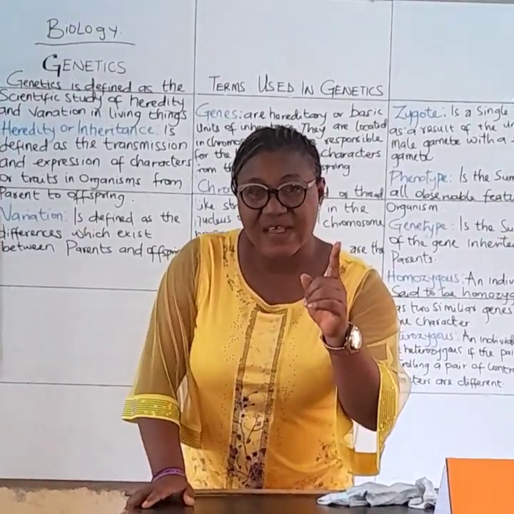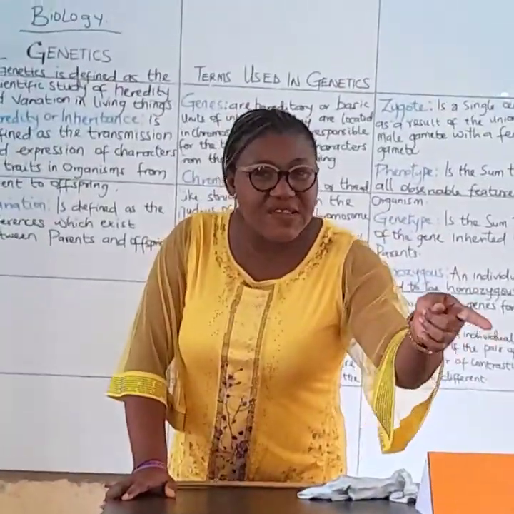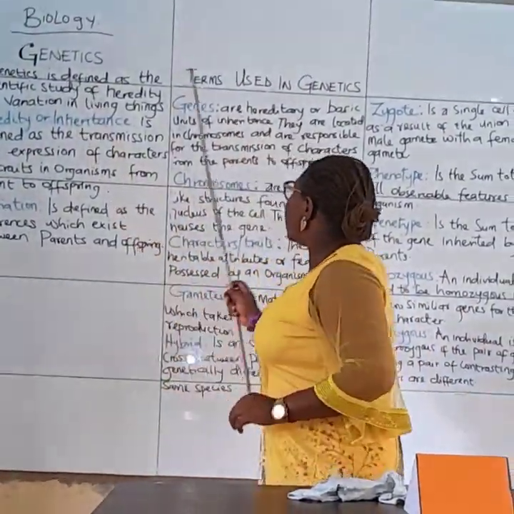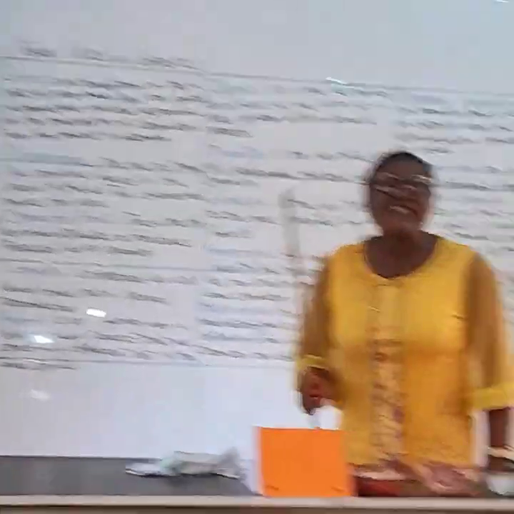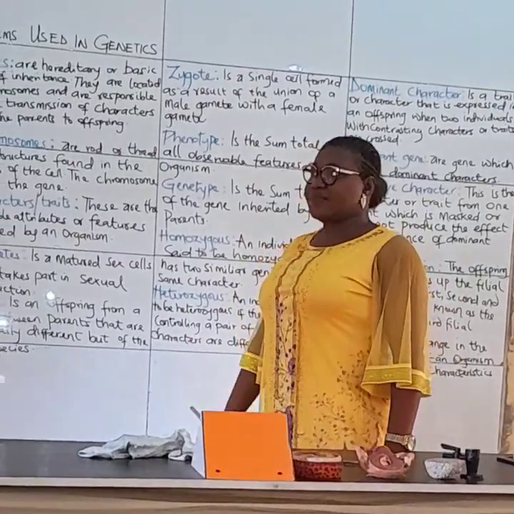What helps in transmission of that character from parents to offspring is what we call genes. And that is why we say that it is the basic unit of inheritance.